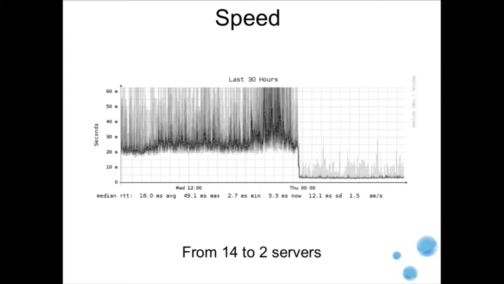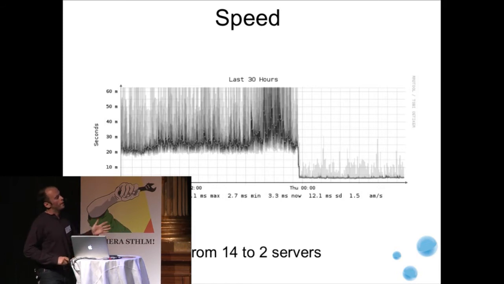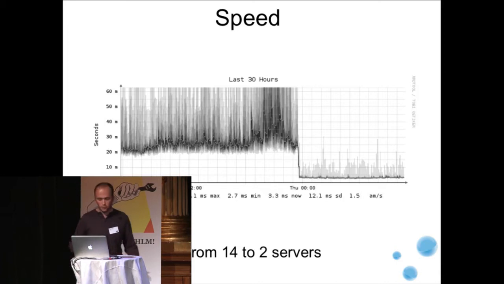I'm absolutely sure that Squid could perform a lot better when tuned, but this was what it was when we came there. So we had 14 servers running Squid. We installed 2 servers running Varnish, and we switched. Yeah, it's quite obvious that the speed went up.